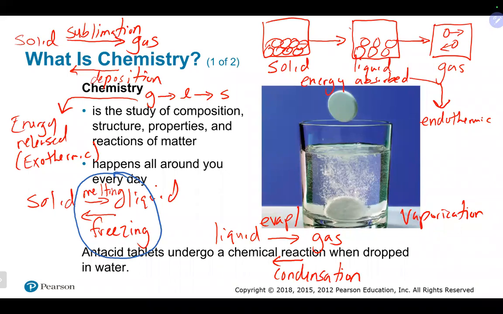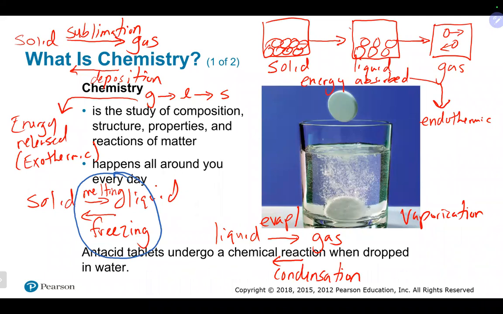The defining difference of what will happen at that point is energy. If you continue to put energy in at 0 degrees, your ice cube will continue to melt and eventually reach liquid water. If at 0 degrees you continue to take energy out, like putting it in the freezer, or ripping out the energy from your ice, it will continue to go to the solid and continue that process.